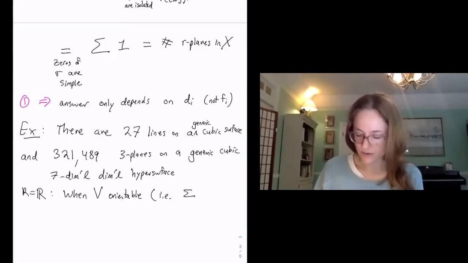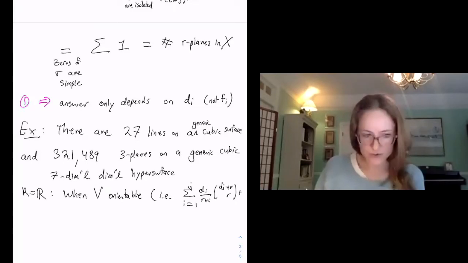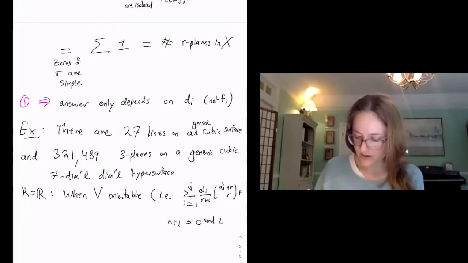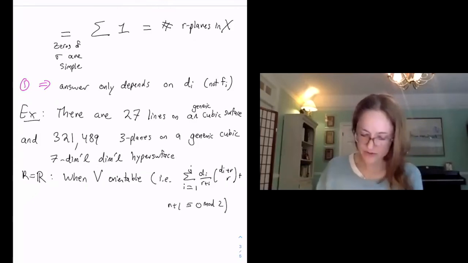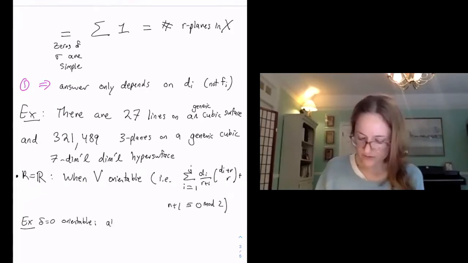So this is equivalent to this sum of d_i over r plus 1, d_i plus r, choose r plus n plus 1 being congruent to 0 mod 2. And all the previous examples, delta equals 0, are orientable, all of those above.